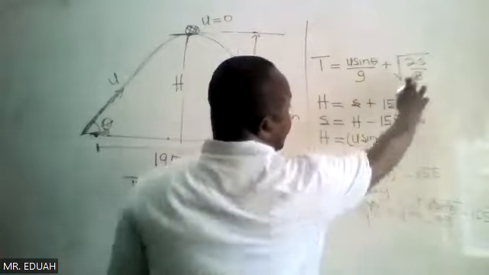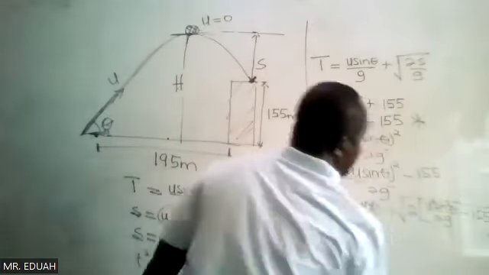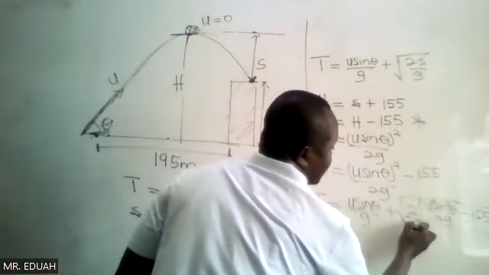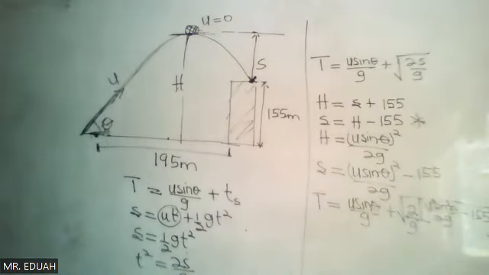Don't forget, the whole of S is what is within the brackets, divided by g. So let's divide 2 by g. But S is what we put inside the bracket.